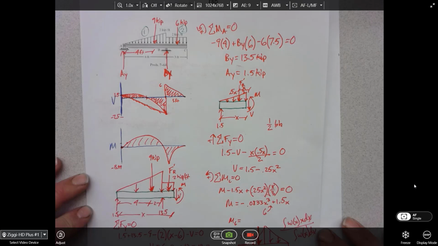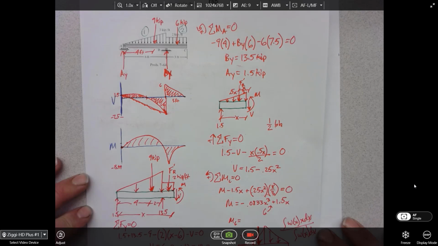So if I sum the forces in the y direction and set them equal to 0, it looks to me like I have 1.5 minus V minus, man, minus what? Okay, we have a rise of 3 kip per foot, or 3 over a run of 6.